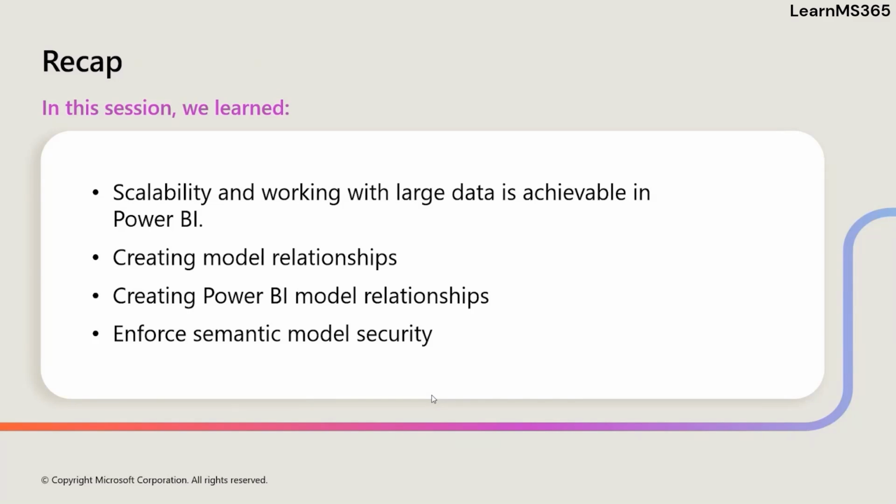The correct model framework, a proper data model, and using Fabric features like large scale data storage enable performant enterprise reporting in Power BI. Then we also learned about creating model relationships, and we learned that the most common model relationship is one to many.